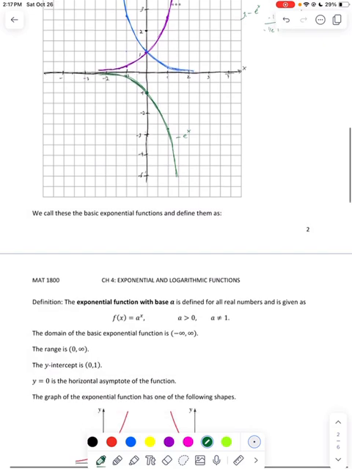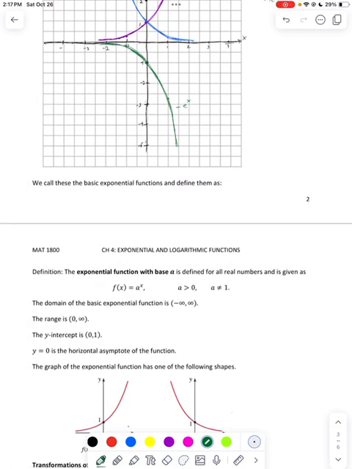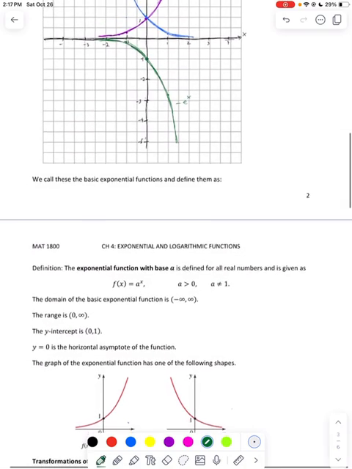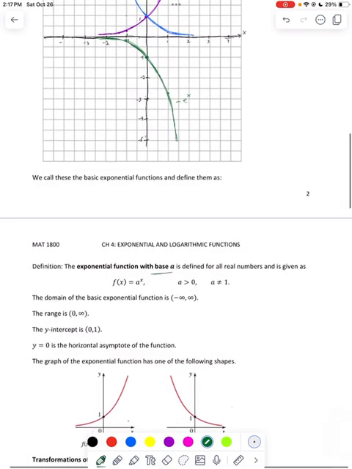Now we formally define the exponential function. The exponential function with base a is defined for all real numbers and is given as f of x equals a to the x.